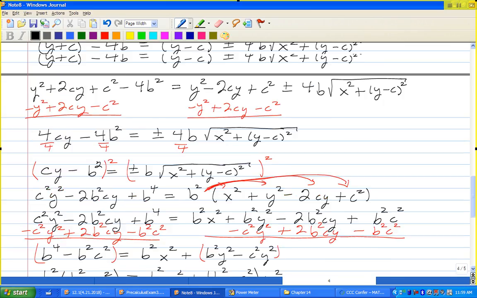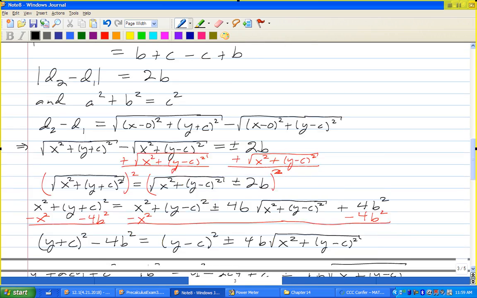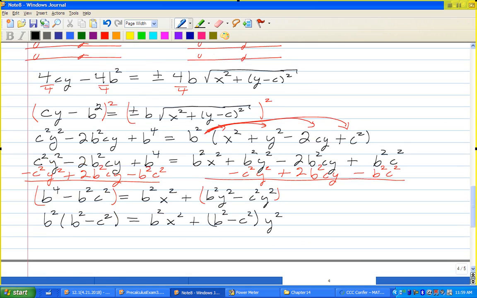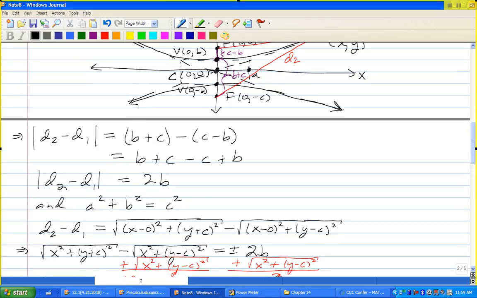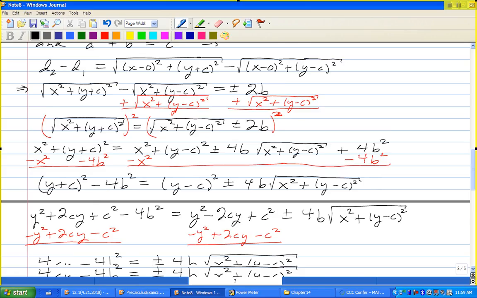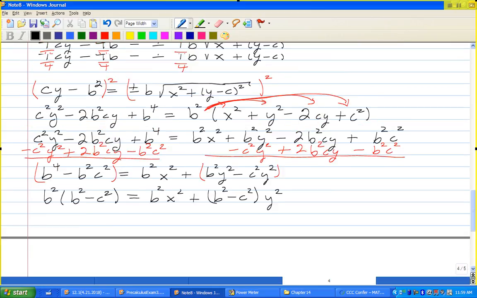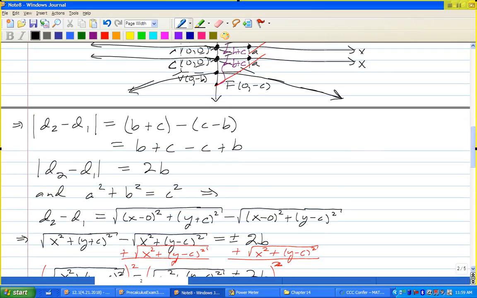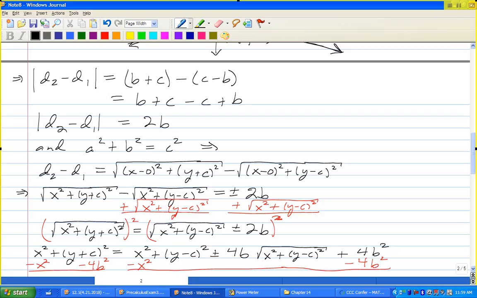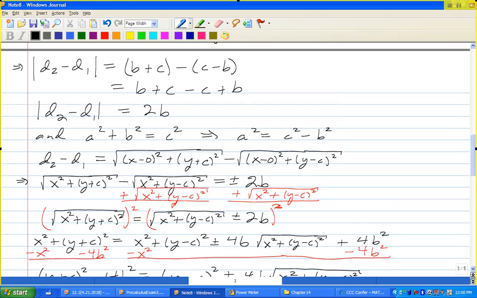But from the beginning line, b squared minus c squared is just negative a squared, since a squared equals c squared minus b squared.